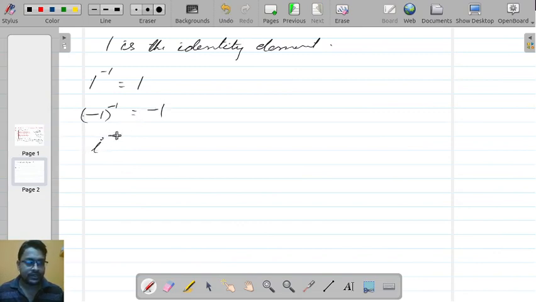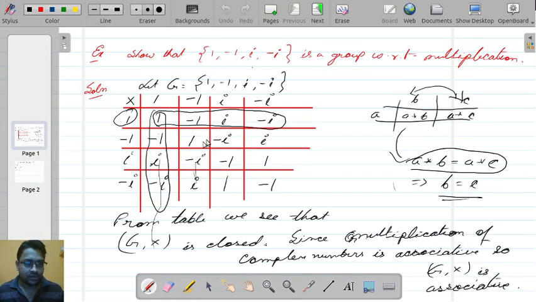When I write this inverse of A, it doesn't mean 1 by A. It's just the inverse element of A. Since we are dealing with complex numbers, ultimately it's the same as 1 by i, but in general it's not true. So you have to understand that it's the inverse element in the group.